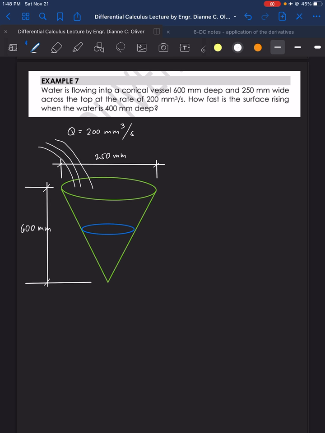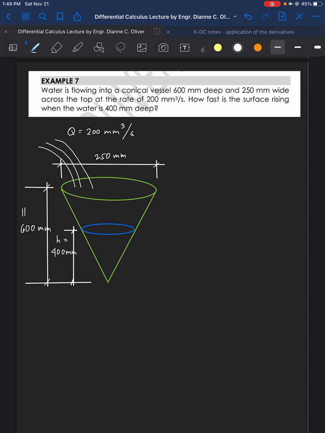How fast is the surface rising when the water is 400 mm deep? So this is the height of the water. So here, this 400 mm is our small h.